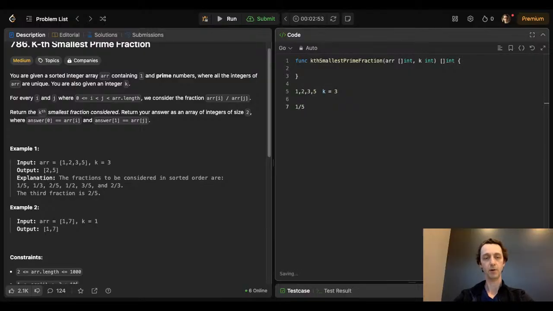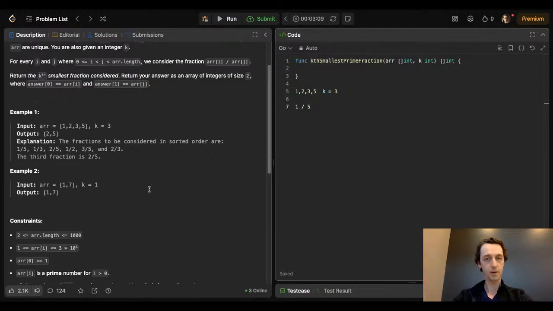If we want to look at the bigger one, the smaller one would take the smallest one divided by the biggest one, and then so on. But here is the thing. So we have 2 pointers.